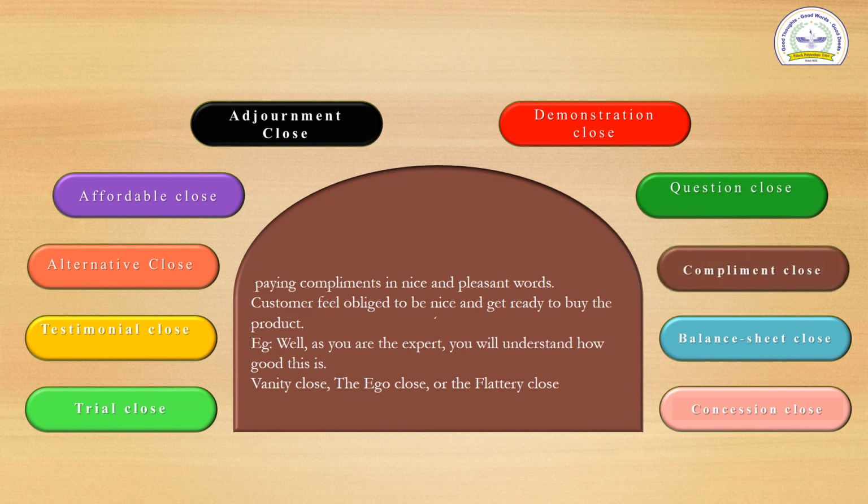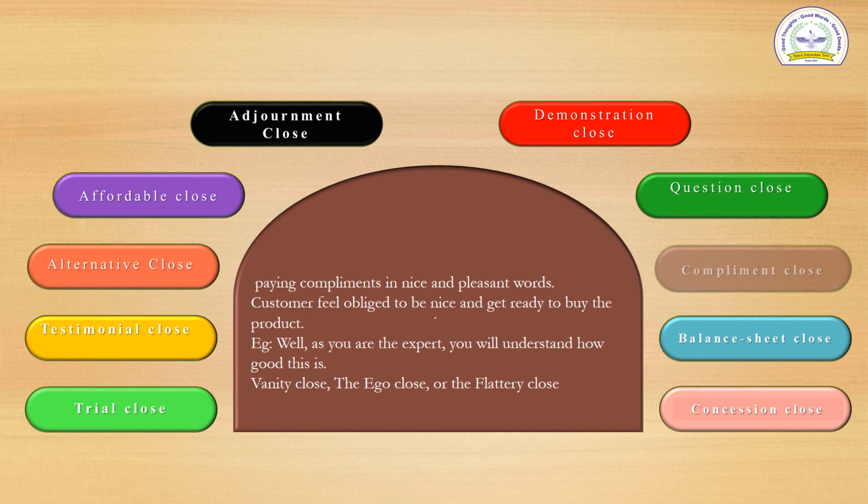By being nice to the customer, they also feel obliged to be nice and get ready to buy the product. For example, "As you are knowledgeable, I hardly need to say anything more," or "After your correct observation, I have nothing to add." The salesperson can admire the integrity. This can also be called the vanity clause, the ego clause, or the flattery clause.